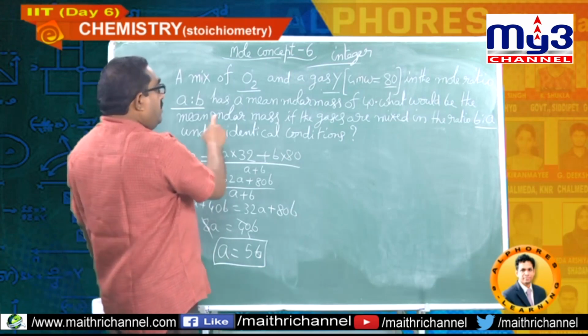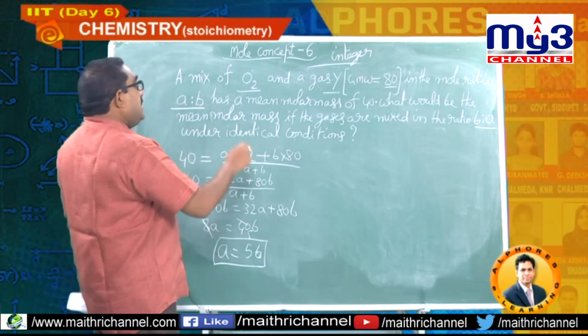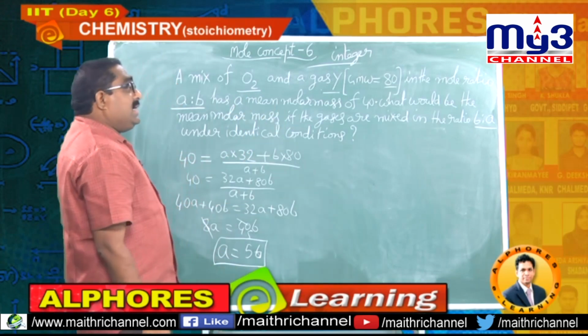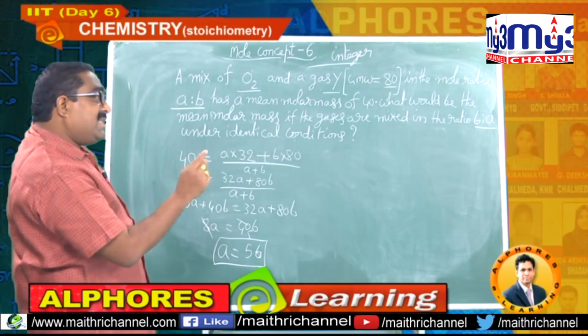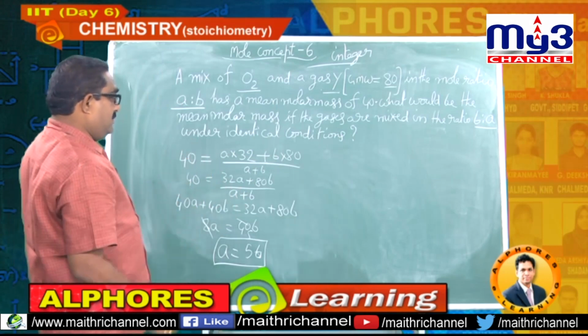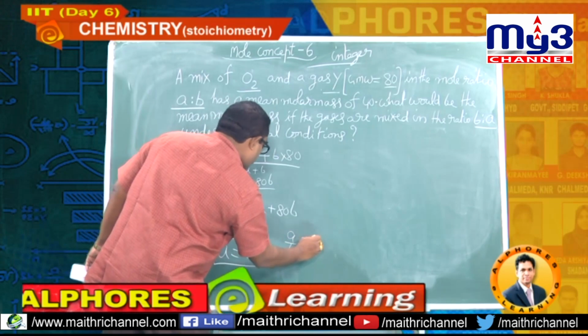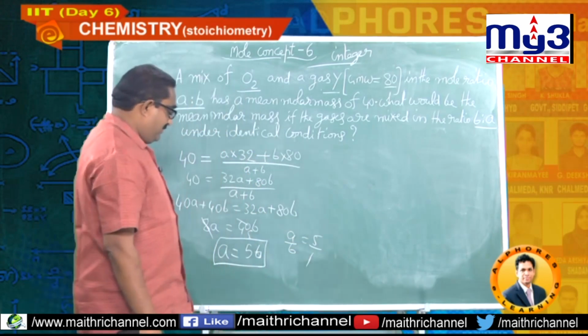Okay, now what will be the mean molar mass if the gases are mixed in the ratio B is to A? So here I am writing A by B is equal to 5 by 1. Is it right?